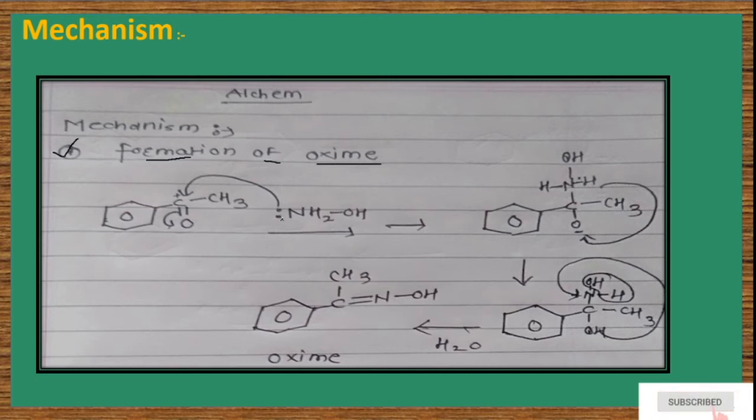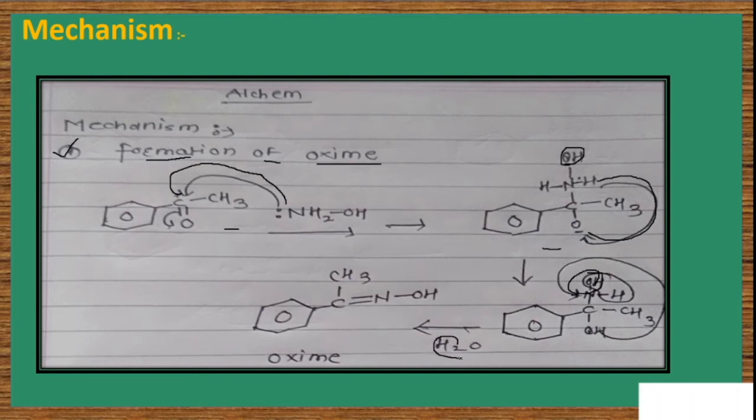How does the formation of oxime take place? We can see here. First of all, hydroxylamine reacts with acetophenone as a ketone, and after that bond shifting takes place. The carbonyl group changes into oxygen with a single bond, and after that hydrogen shifts from the NH2 group to O negative, and it produces a hydroxide on that particular bond.